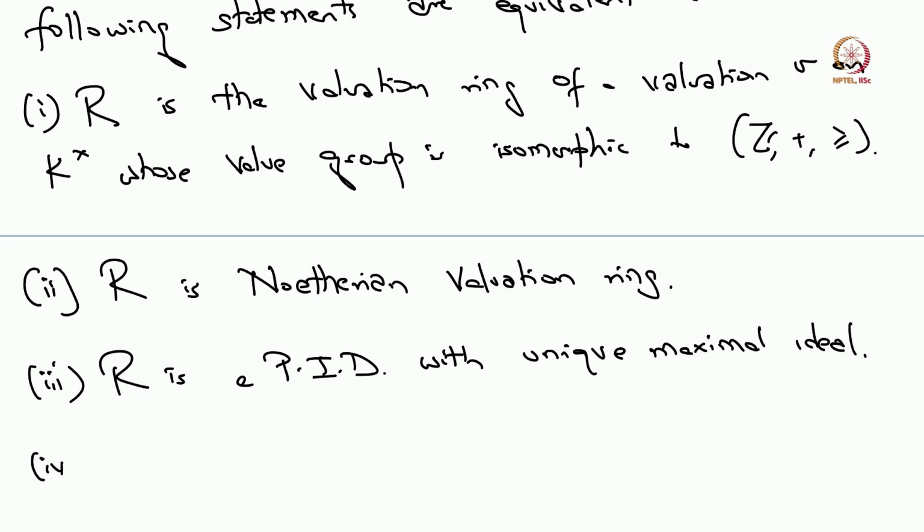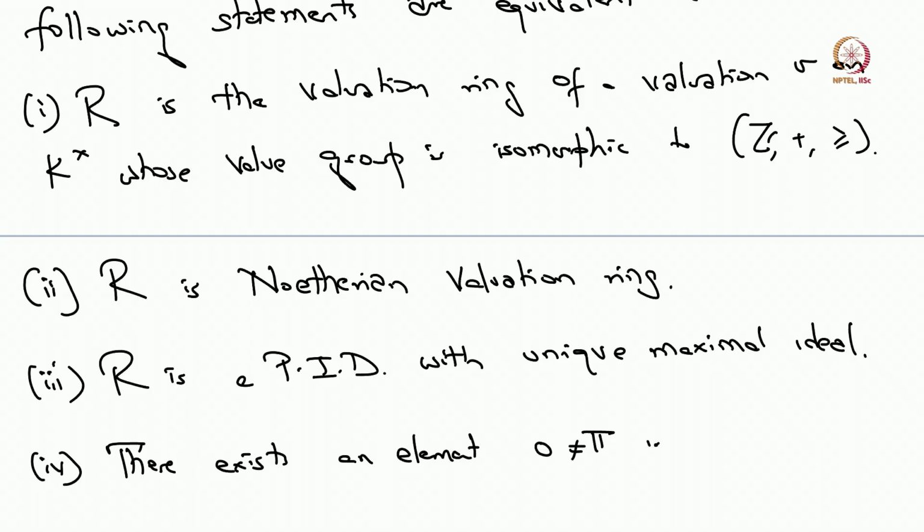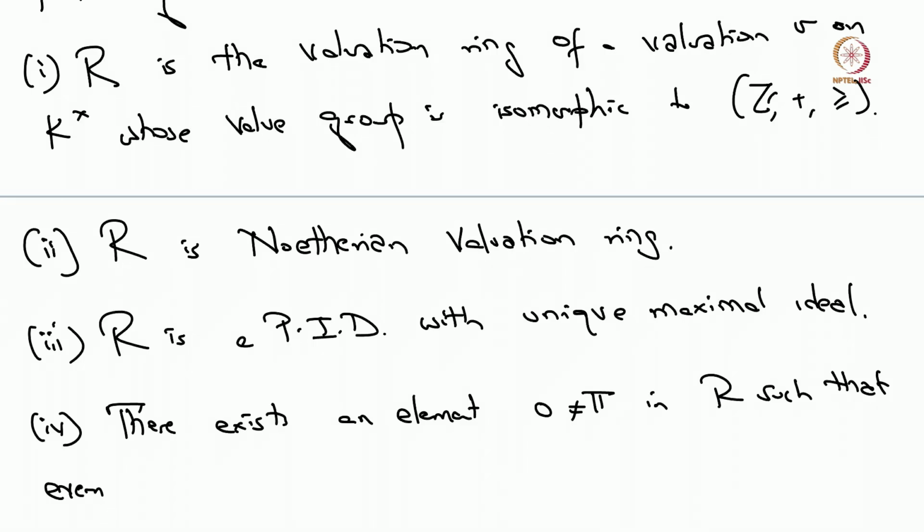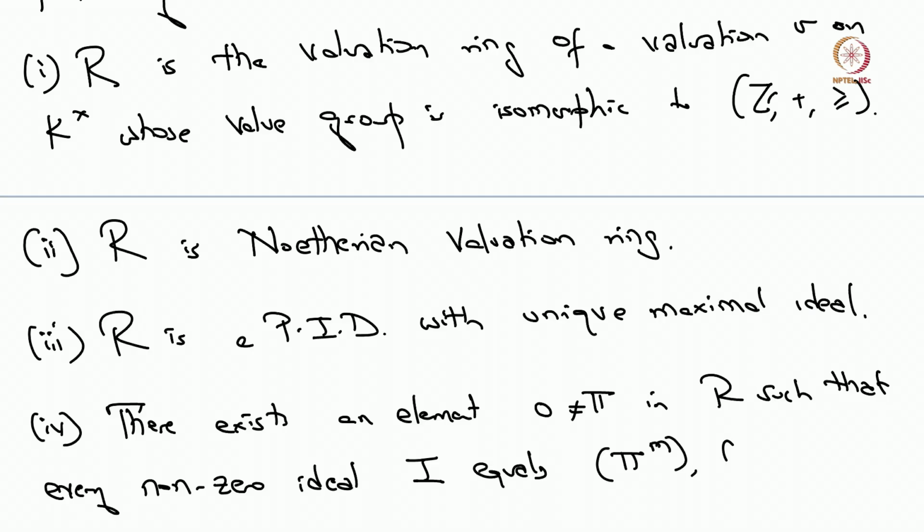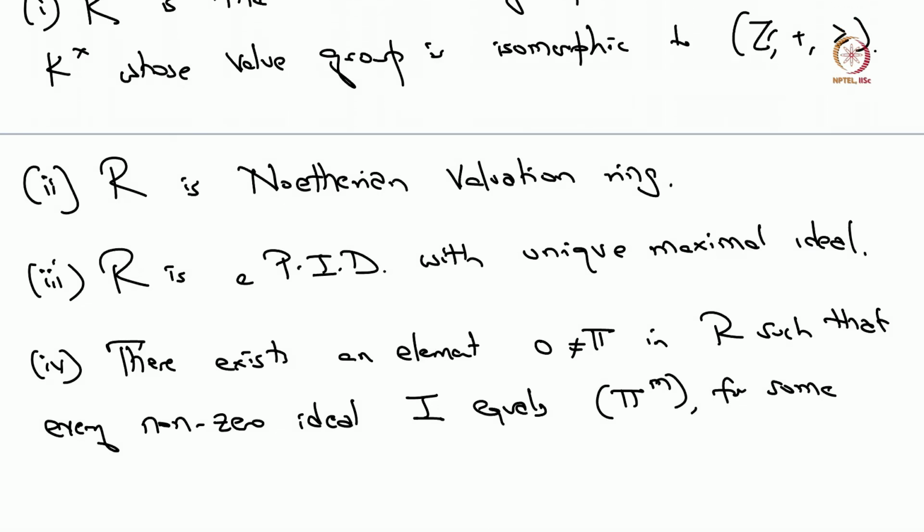And the fourth characterization is that there exists a non-zero element pi in R, not necessarily unique, such that every non-zero ideal I equals a power of this element pi, for some m larger than or equal to 0.